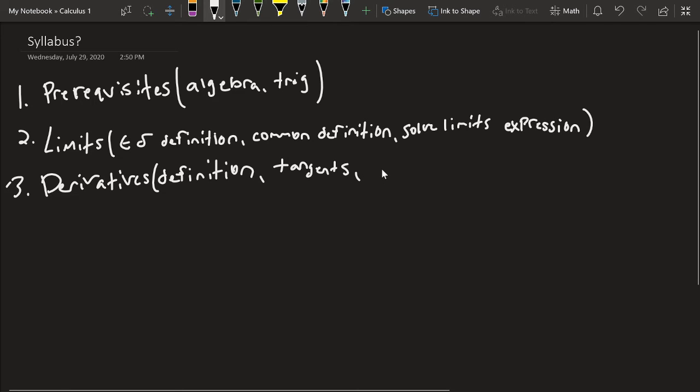We'll talk about methods of taking derivatives, such as the power rule, the quotient rule, the product rule, etc. We'll talk about all the various ways to allow us to take a derivative, whether we have a sum of functions, a product of functions, whatever function we have, ultimately we can take the derivative of it.